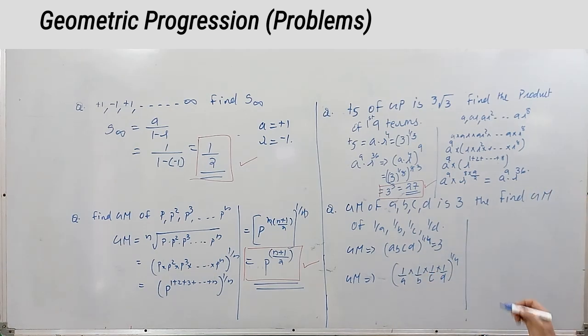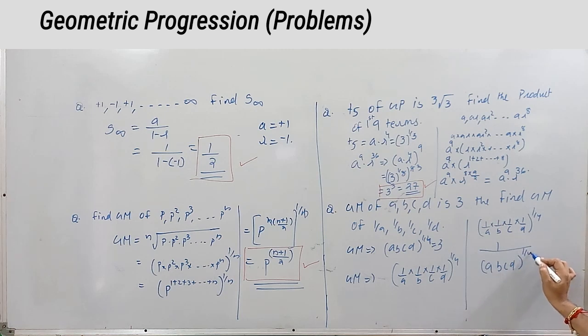Using the property of indices, it can be written as 1 divided by (A, B, C, D) the whole raised to 1 by 4. We know that (A, B, C, D) the whole raised to 1 by 4 is equal to 3. That implies 1 divided by 3 will be the answer.